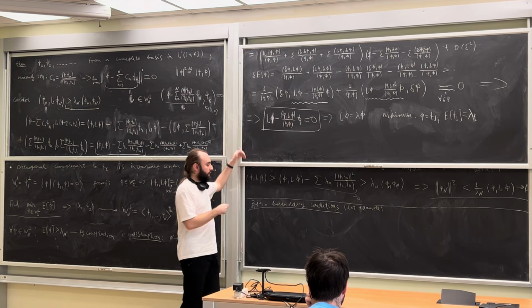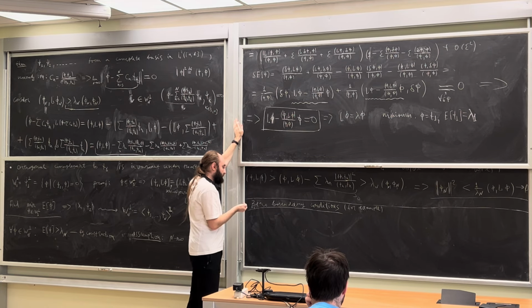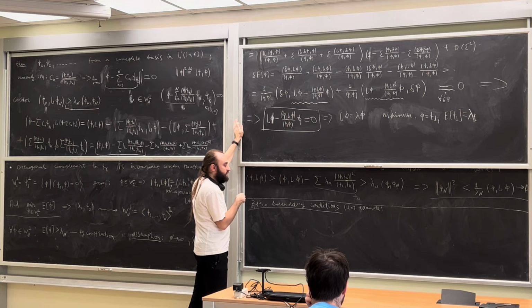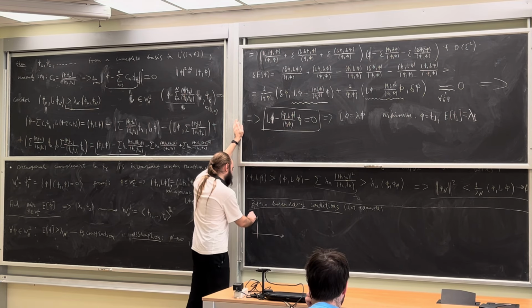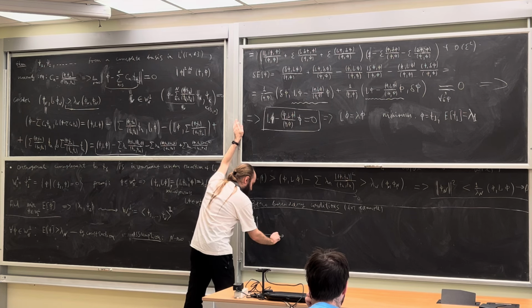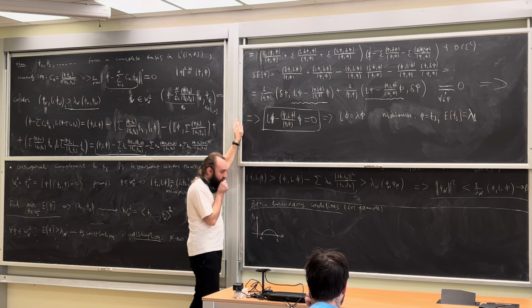So, how do all these eigenfunctions look like? We have the first eigenfunction, which has just two zeros, at a and b.